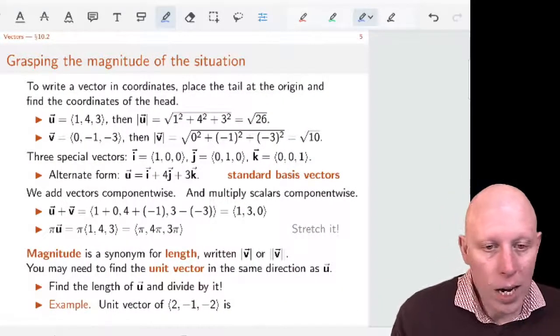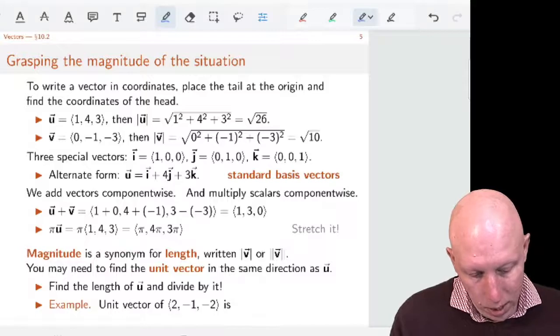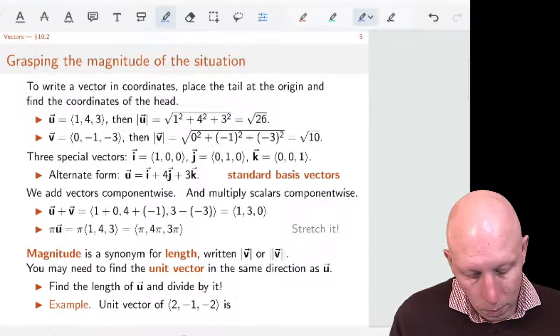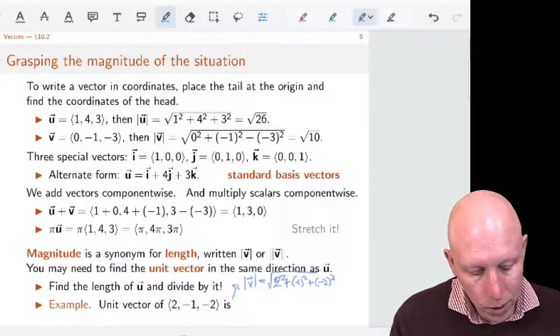So how do we find the unit vector of 2, negative 1, negative 2? Well, we have to find the length, and that's the square root of 2 squared plus negative 1 squared plus negative 2 squared, which is the square root of 4 plus 1 plus 4, which is 9, and the square root of 9 is 3.